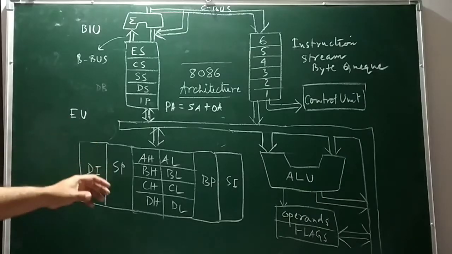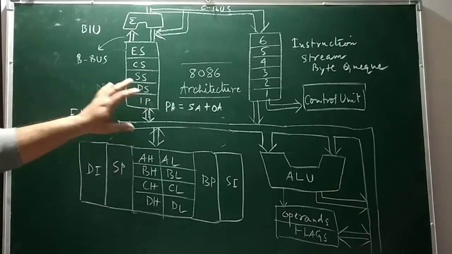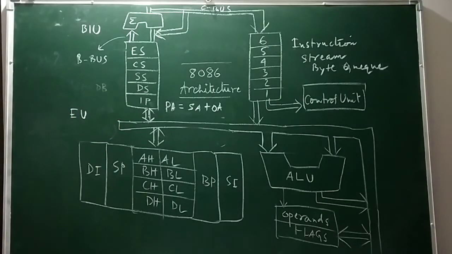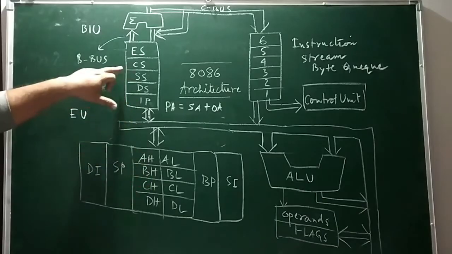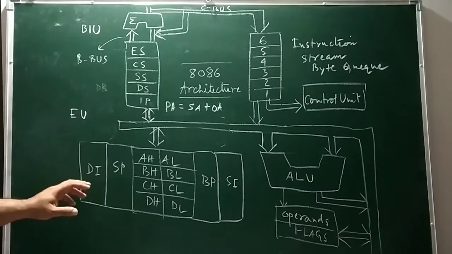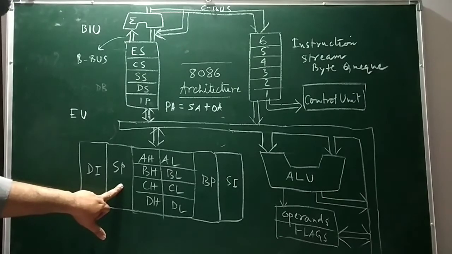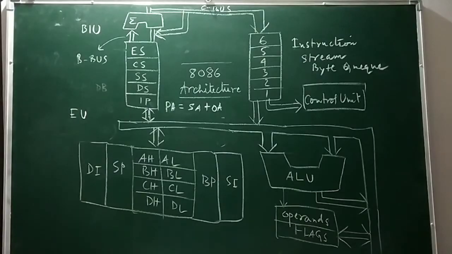The pointer register IP contains an offset within the code segment. The pointer register BP contains an offset within the data segment DS. The pointer register SP contains an offset within the stack segment SS.